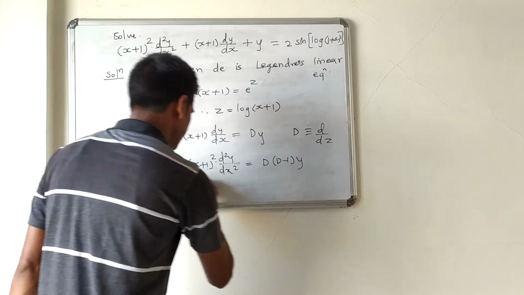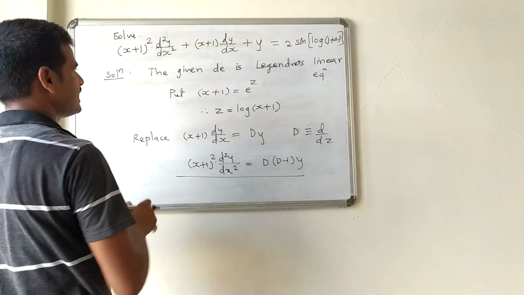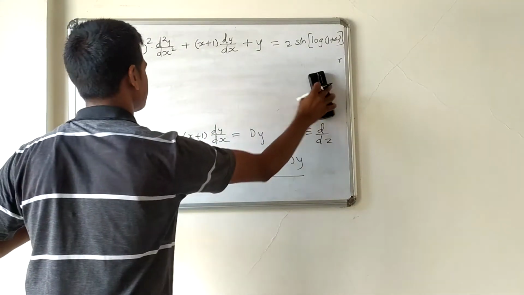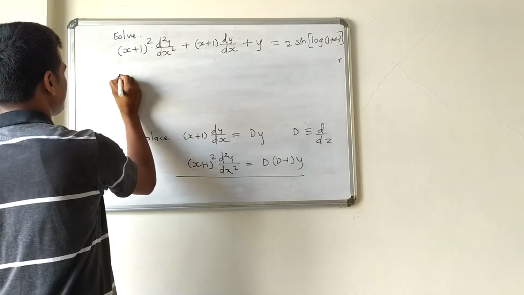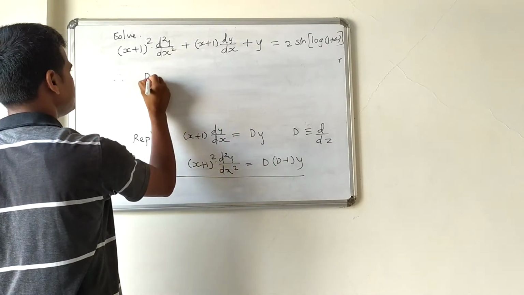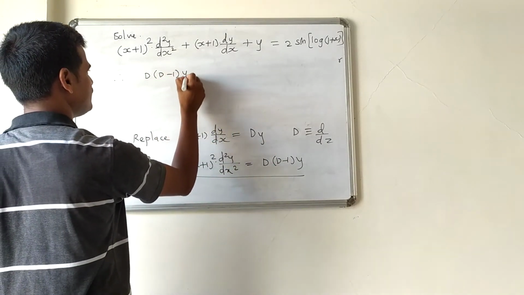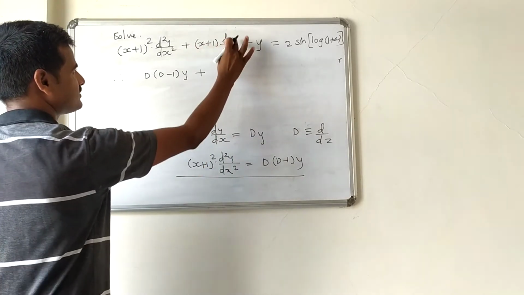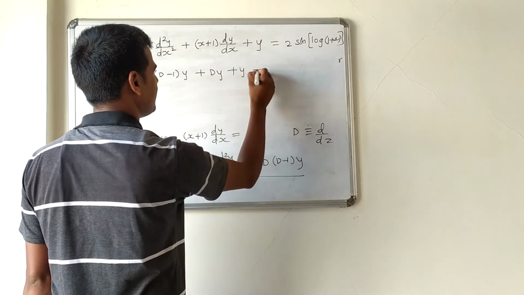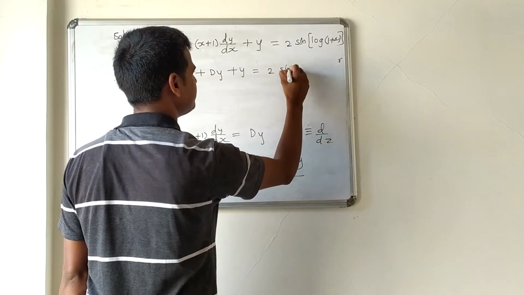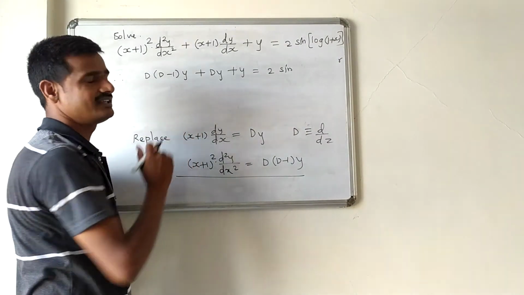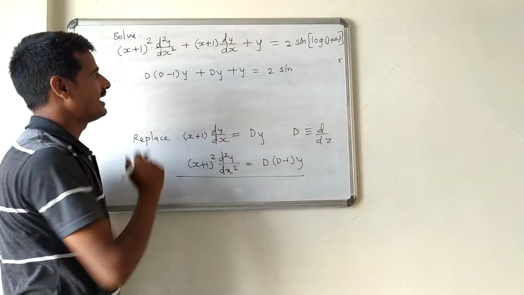Now after replacing this, the given differential equation takes the form D into (D minus 1) into y plus D y plus y is equal to 2 sine of, now write this in terms of z, because here the independent variable is z. Capital D stands for d by dz.